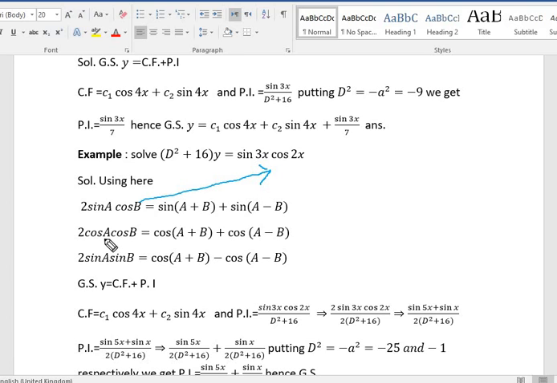If it is written as cosine A cosine B, then we can apply the corresponding rule. Now I am going to tell you how to solve this one.